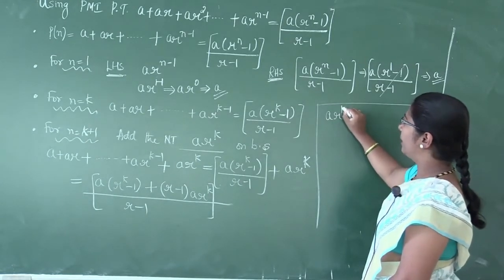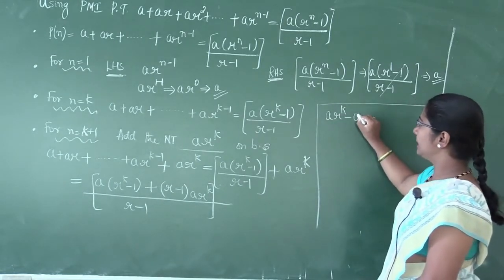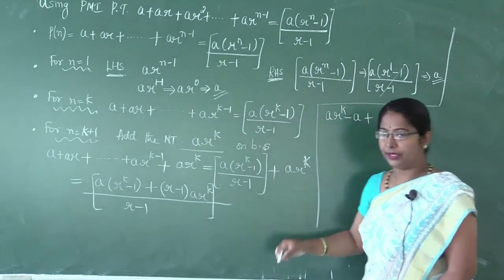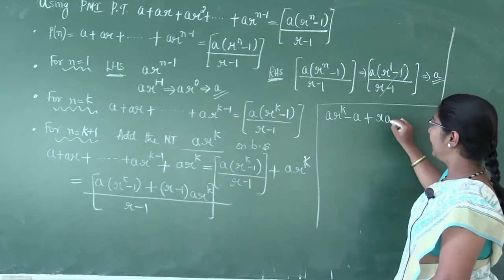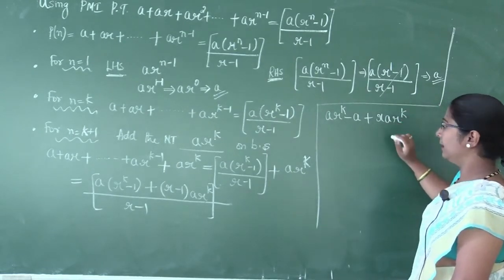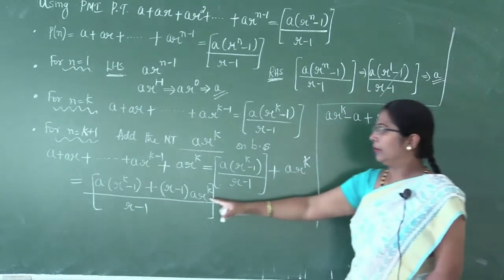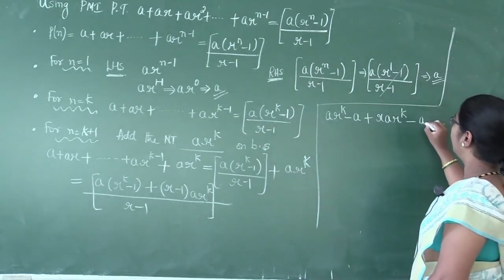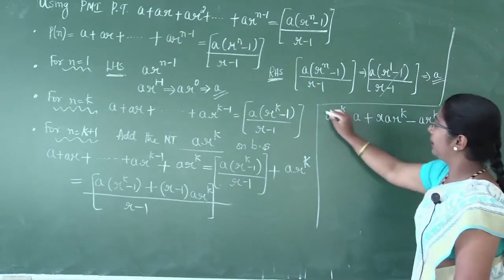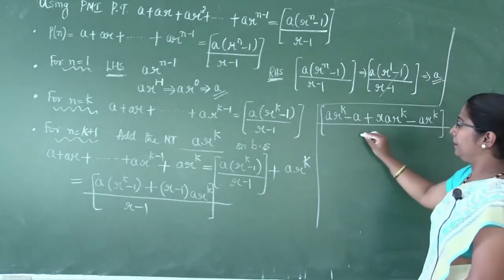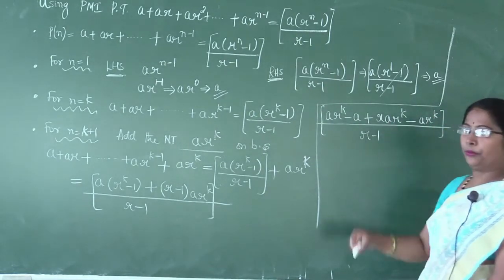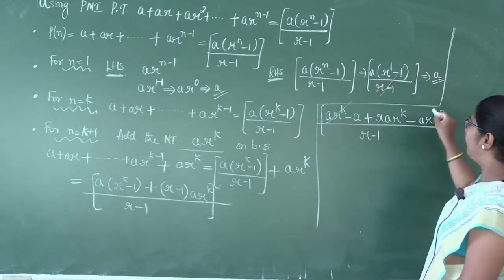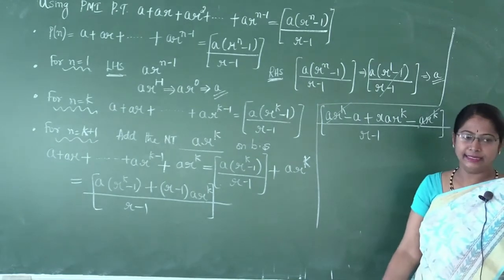A r to the power k minus A plus r A r power k, minus, multiply 1 now, what do we get? A r to the power k, divided by r minus 1. When you observe, plus A r power k and minus A r power k get cancelled.